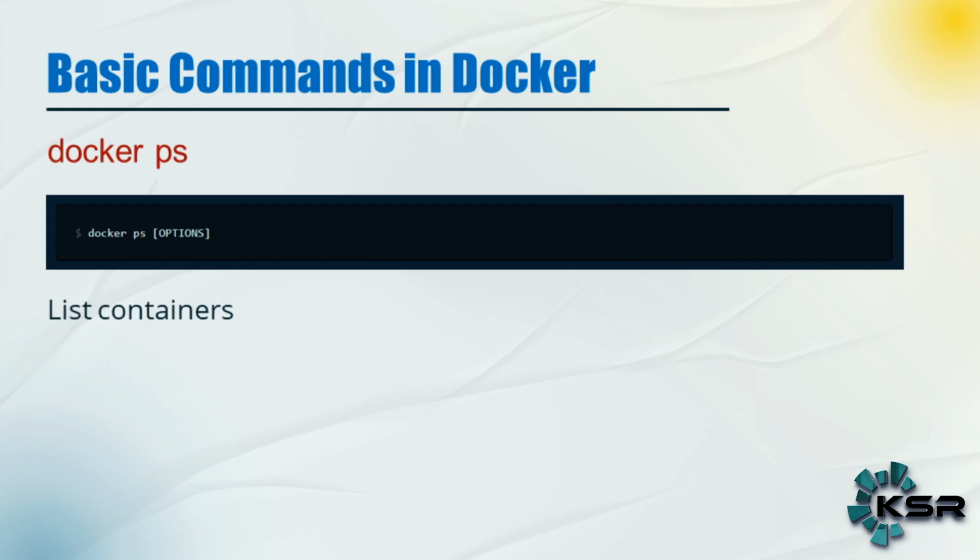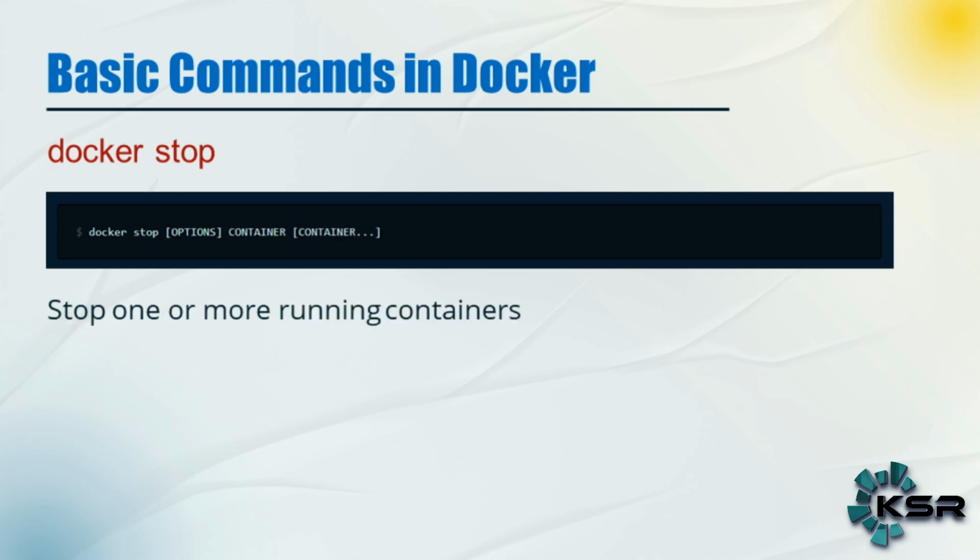And the next one is docker ps. This is used to list the running containers. When we give docker ps, it will list out the containers which are running. And we have an option called -a, which shows the list of all containers.